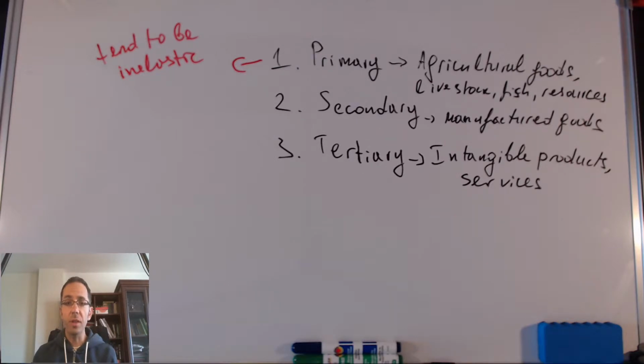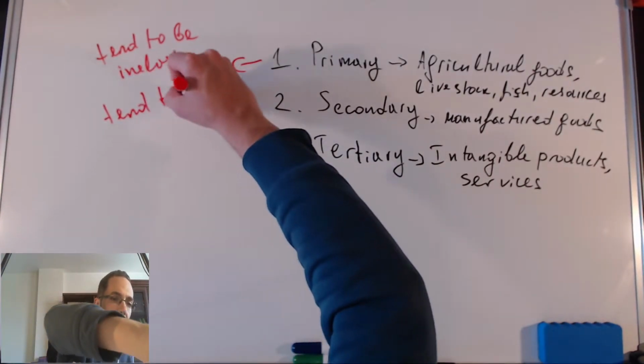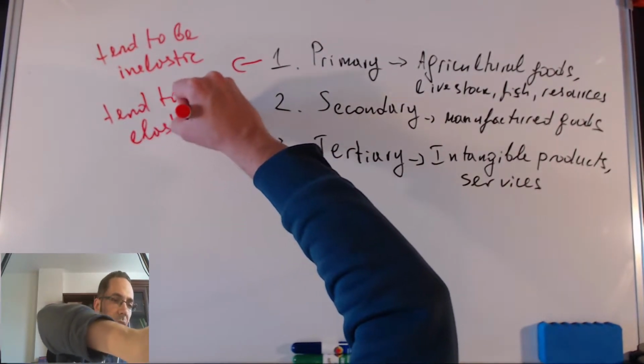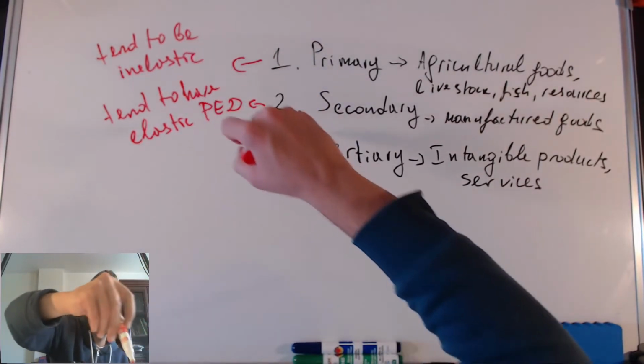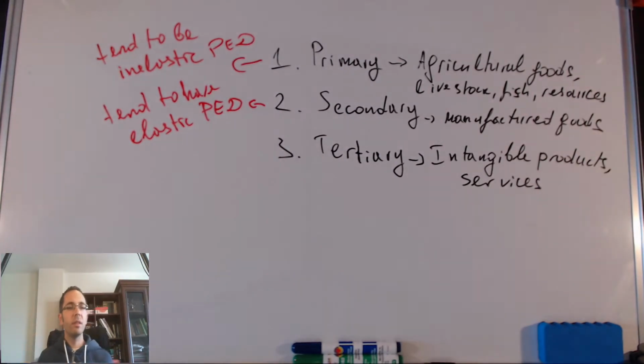Secondary products, on the other hand, tend to have elastic price elasticity of demand. So primary with inelastic PED, secondary manufactured good with elastic PED.